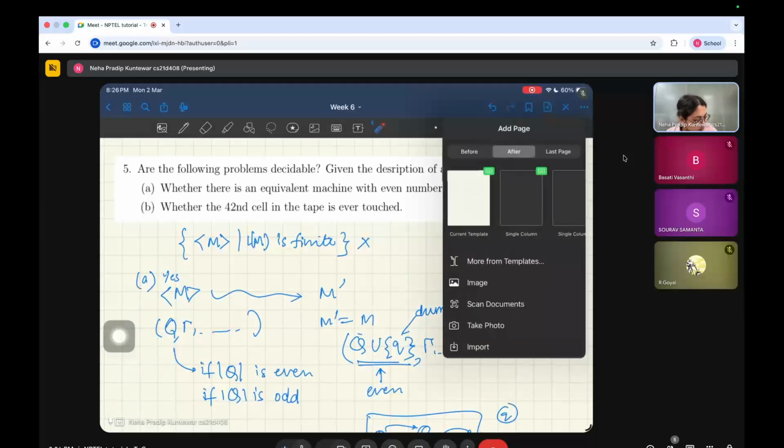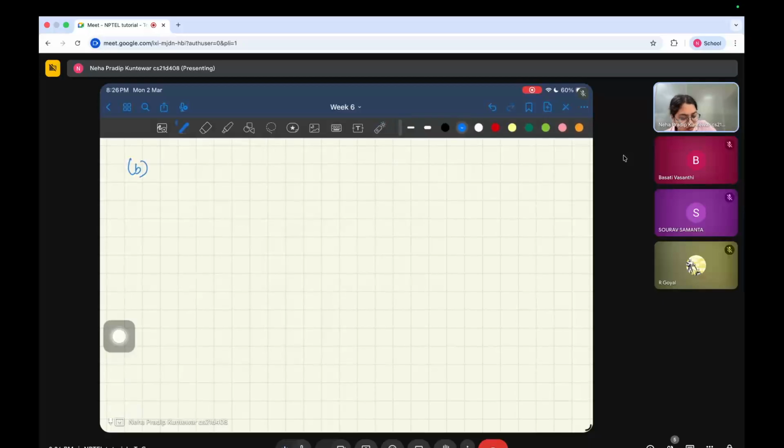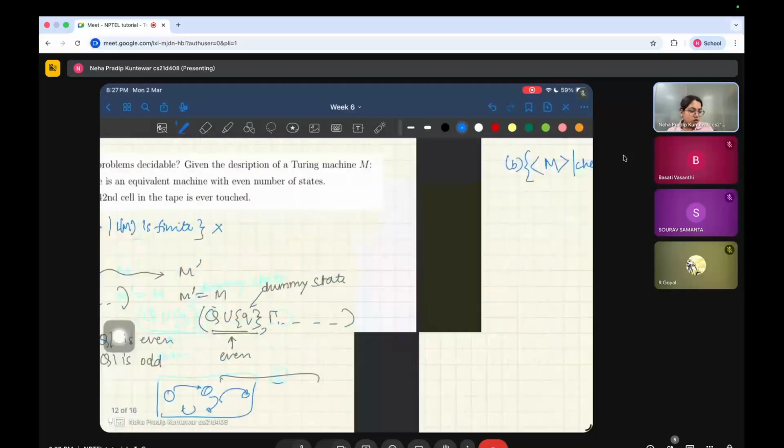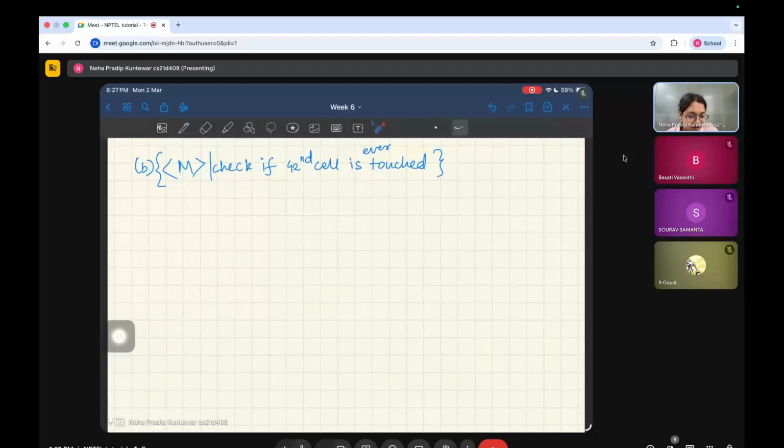Okay, the second question is, you are given a Turing machine M, and you have to check if the 42nd cell is ever touched. When we say whether the 42nd cell is ever touched, we mean that these are all possible inputs, 101100, you have infinitely many possible inputs.